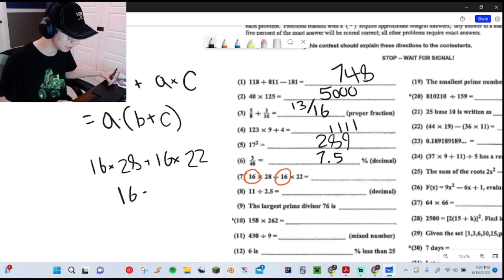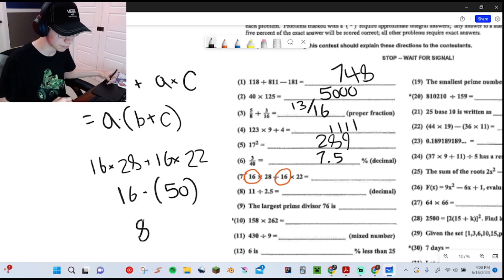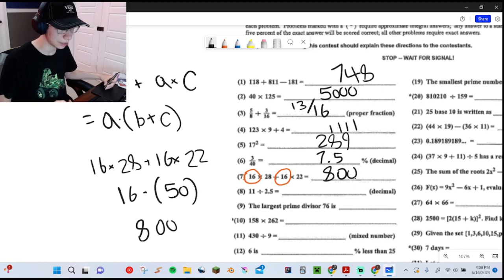And that's convenient because 28 plus 22 is 50. And when I'm multiplying by 50, it's like I'm dividing by 2 and then multiplying by 100. If I divide the 16 by 2, I get 8. And then I add 2 zeros. Shift the decimal place to the right 2 times. And so my answer here is 800.